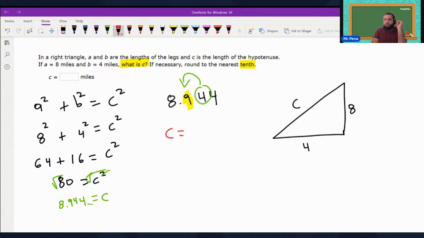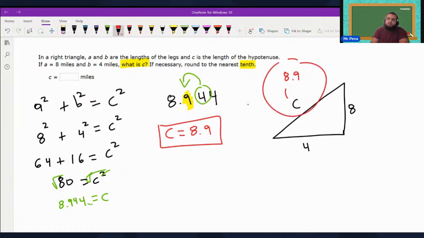In conclusion, C equals 8.9. It stays. C is 8.9. This is the final answer. 8.9.